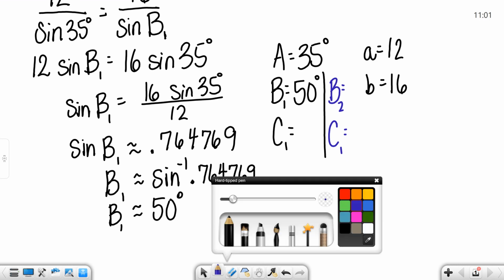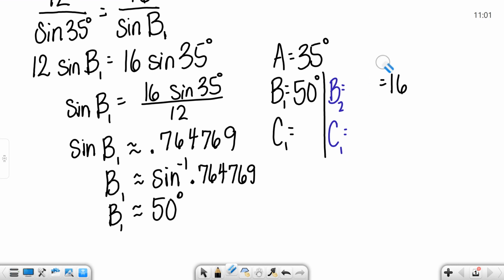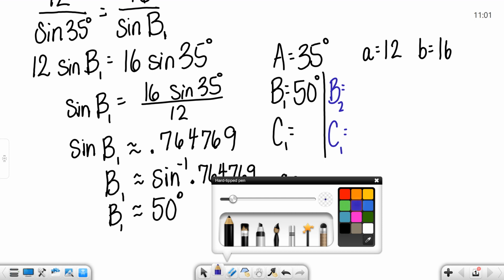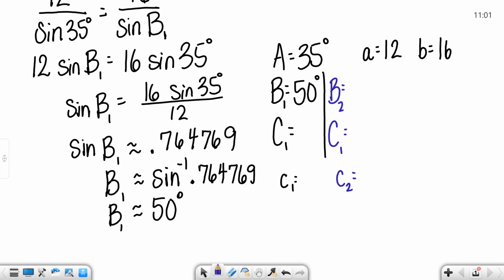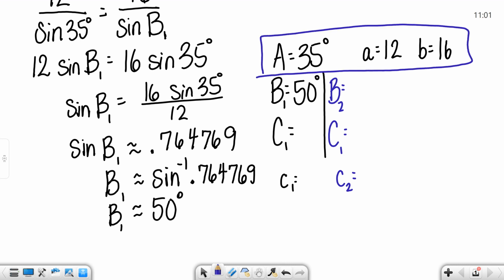Let me move it over. That was all the given information. So when I find B2, I'm going to have an A value, a B value, a C value, and then I'm going to find a little c value that goes with these, because this given information up here stays the same every time.